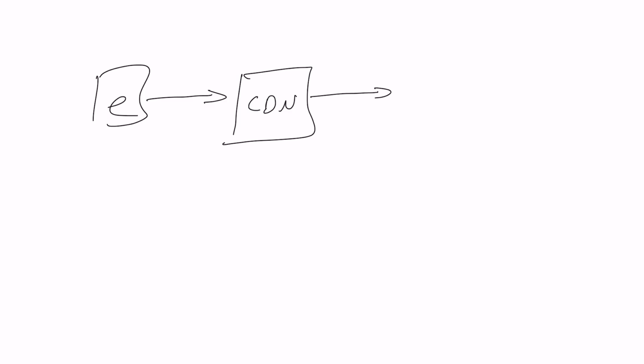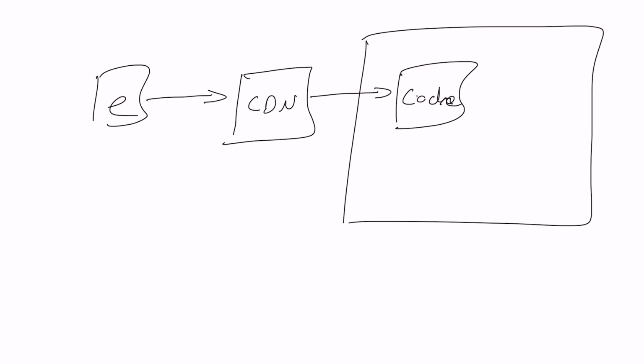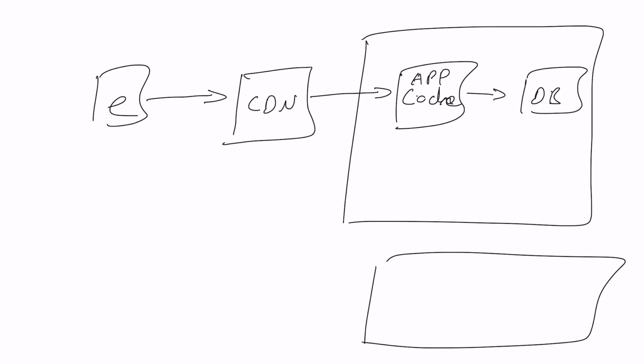And the third layer will be your cache. This will be your data center. The fourth layer will be your database, or I should write app over here actually. Okay, database, or maybe you're getting data from somewhere else, some other site or some data center.